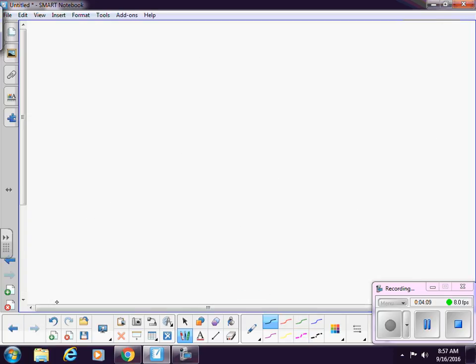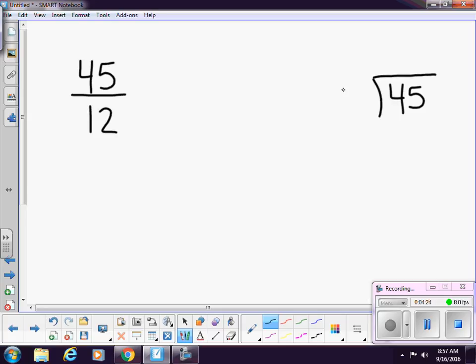Let's look at a bigger one. Let's look at 45 over 12. Okay? Now, again, you can go over here and divide. 45 divided by 12. How many times will 12 go into 45? 3 times.